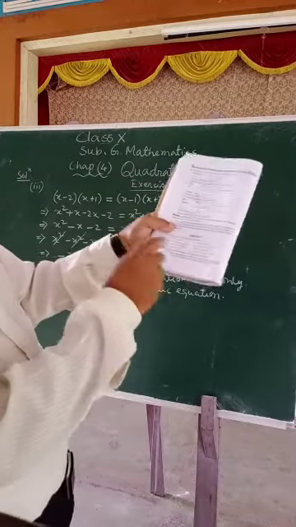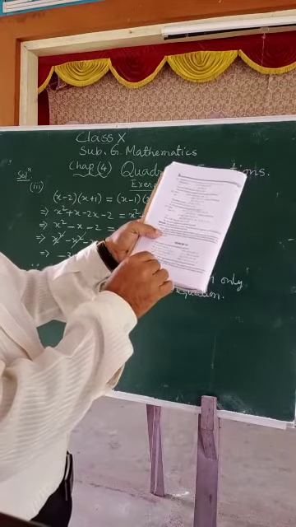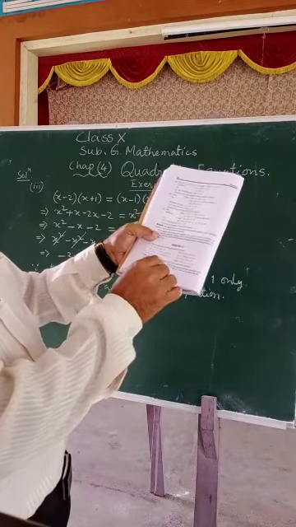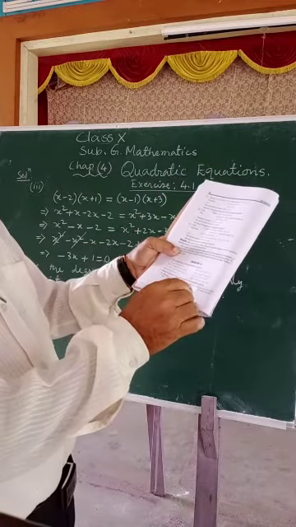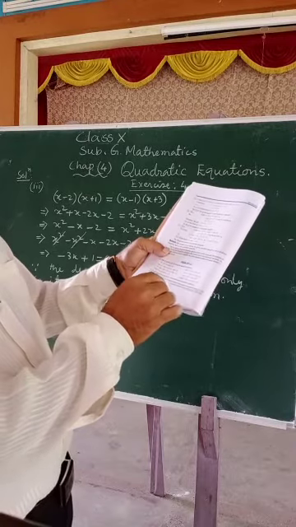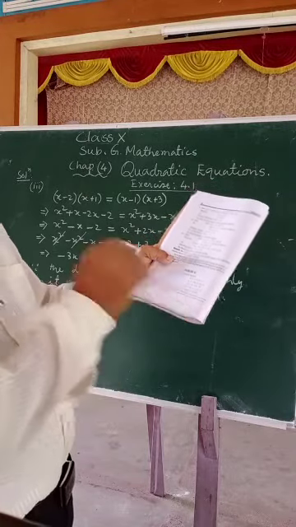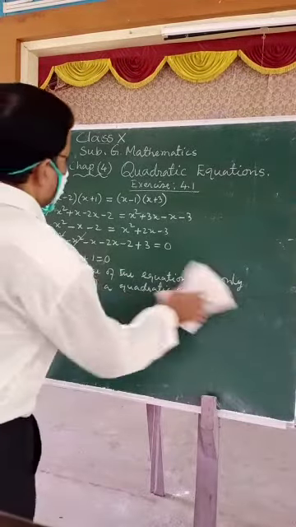Number 1, the area of a rectangular plot is 528 meters square. The length of the plot in meters is 1 more than twice its breadth. We need to find the length and breadth of the plot.